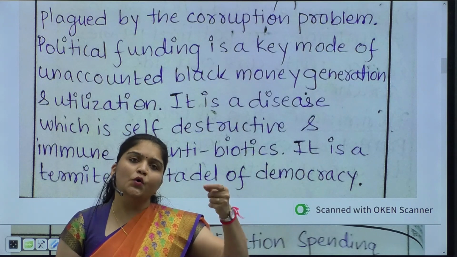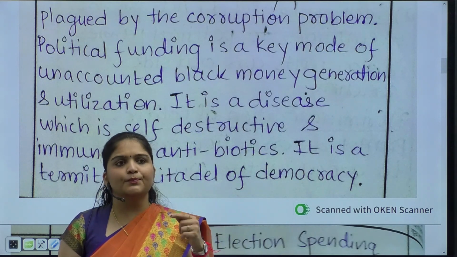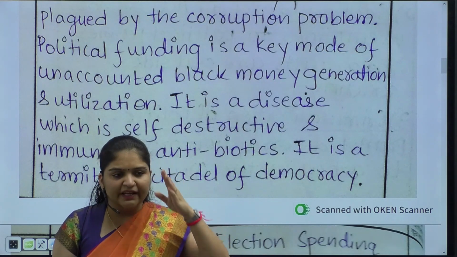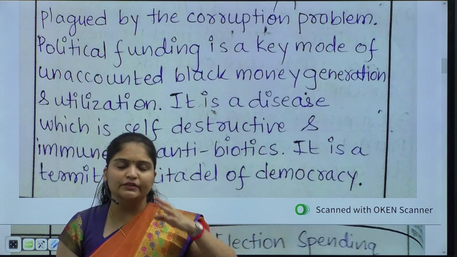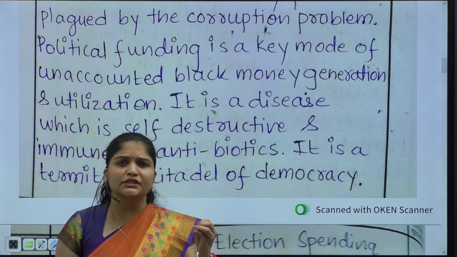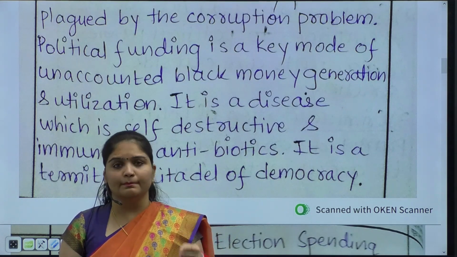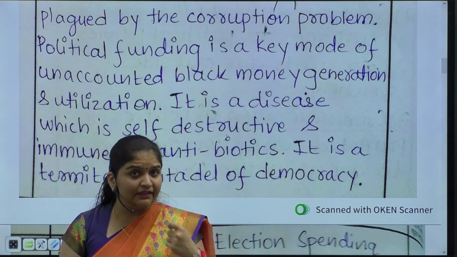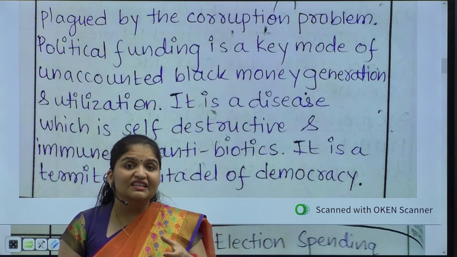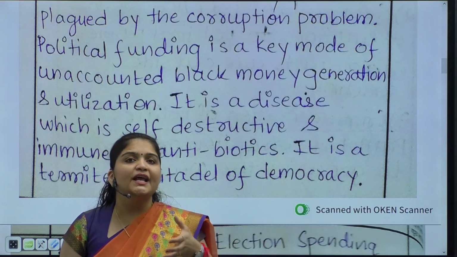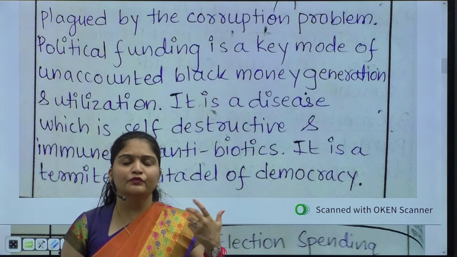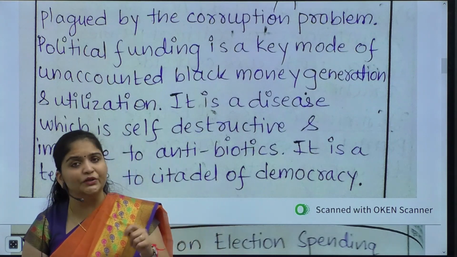So I have spoken of the disease, how it is breaking the entire body of democracy, and how this problem needs to be rooted out, how it has become a very resilient problem, until we really bring in the right measures, this resilience that black money generation has for itself is becoming difficult to counter.